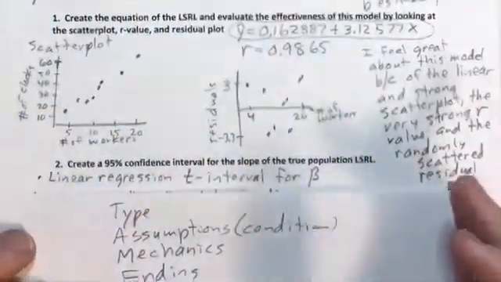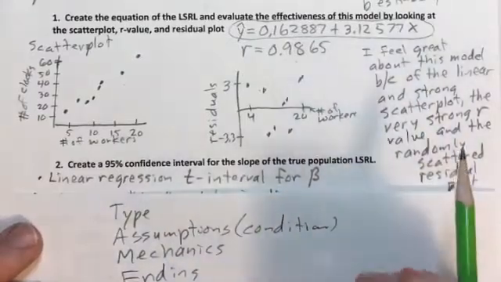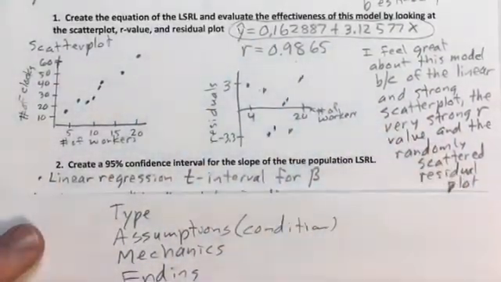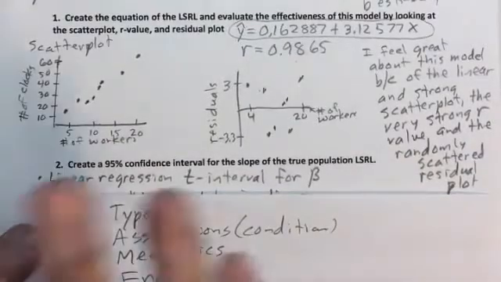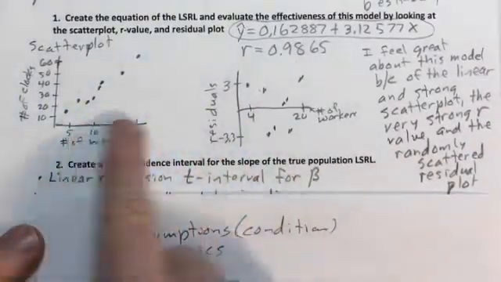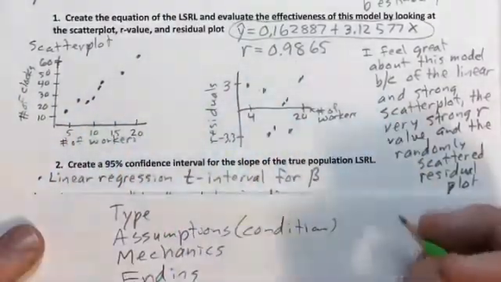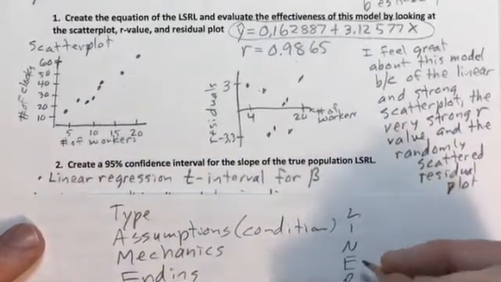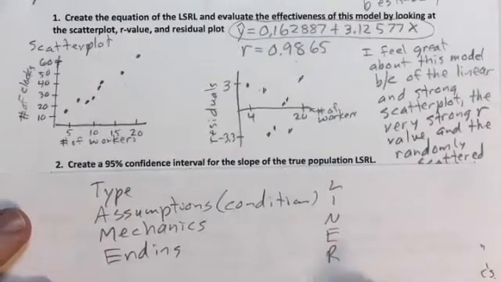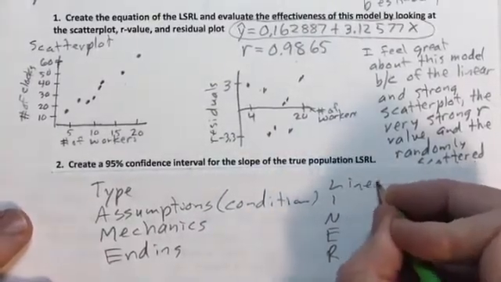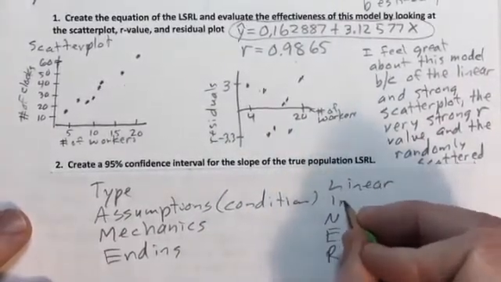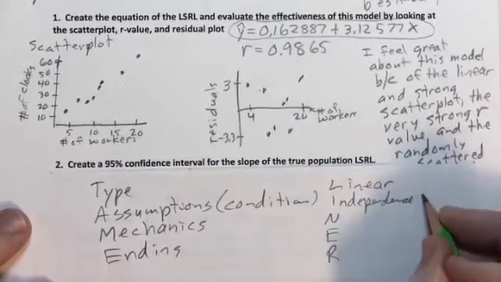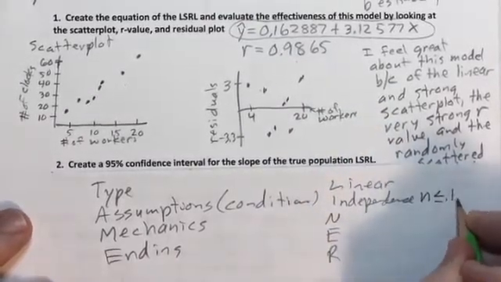Now the assumptions are a little bit complicated here. Our assumptions have been SIN, pretty much, but we adapt that. Now we're adding on that the data has to be linear. It's in essence SIN plus linear. Your book spells out an acronym called LINER. That is your conditions for linear regression inference. The data has to be linear, and then we have to have independence, which is the same thing it was before: our sample size has to be less than 10% of our population size.